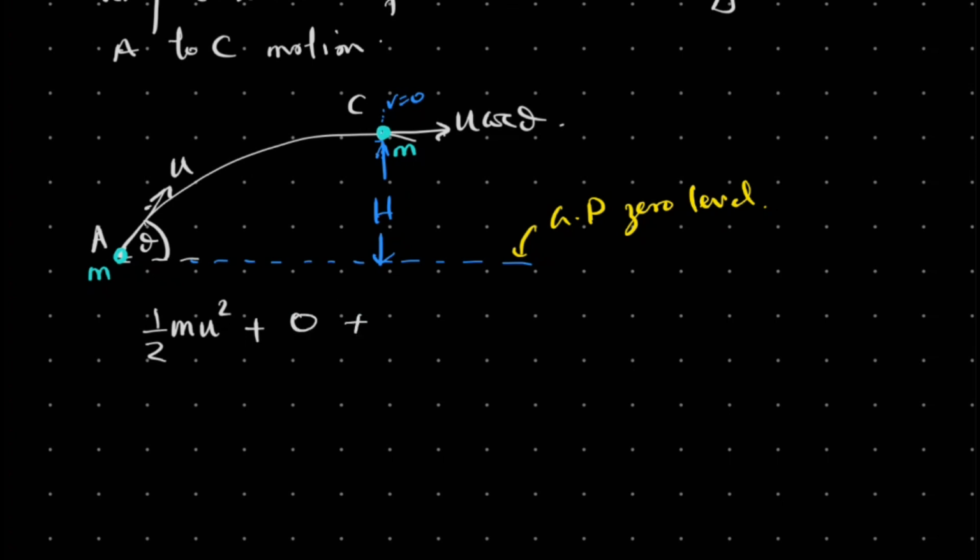Is there any elastic potential energy? No, there was no change in the shape of the object, so there is no elastic potential energy, and we don't even mention it. Now coming to C, I have a kinetic energy of half m, u sine theta whole thing, u cos theta whole thing squared.